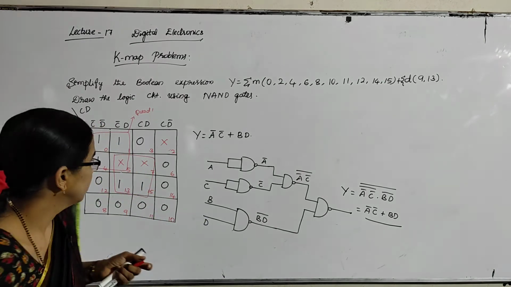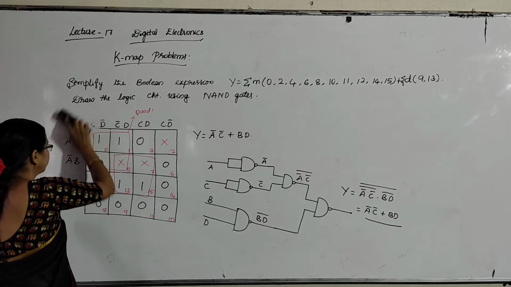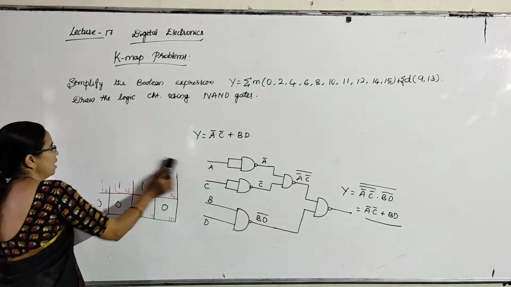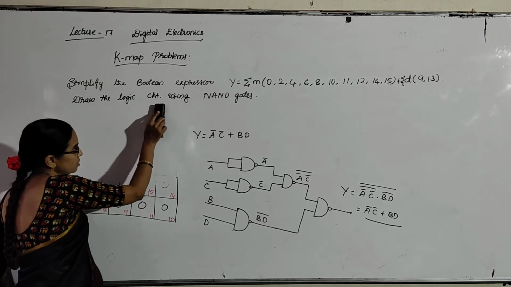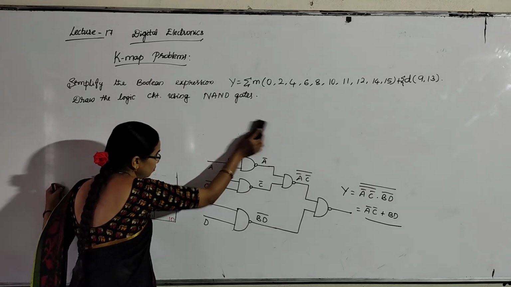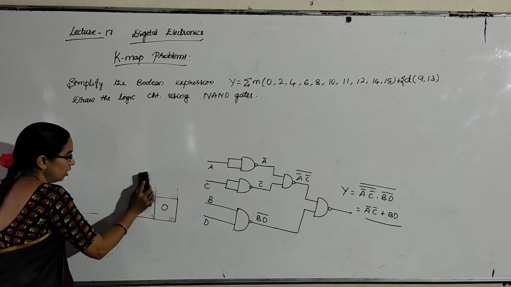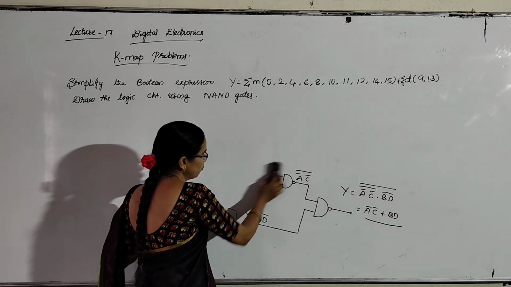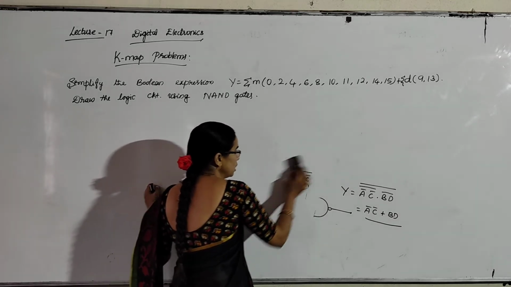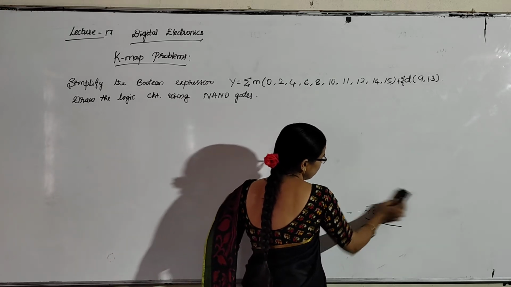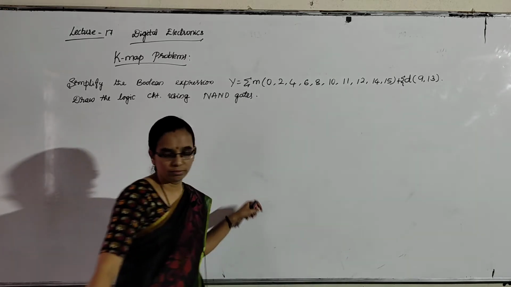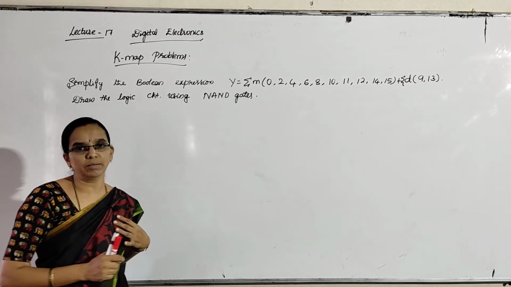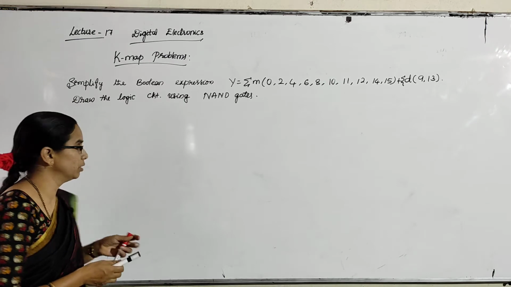Plot the K-map and start marking. Sometimes in the examination they will ask to draw this logic circuit using only NAND gates, sometimes using basic gates. Using basic gates, you are already aware of it. Using NAND gates is a little difficult. By practicing you will get to know. If you don't draw the circuit, you will lose either 1 mark or 2 marks. I guess 1 mark you will lose.